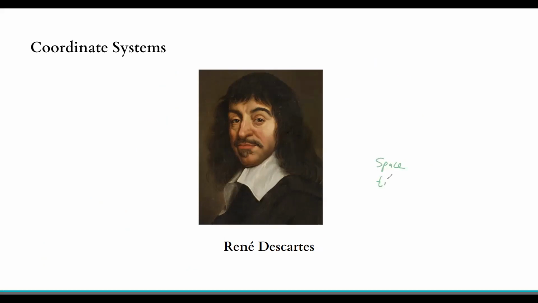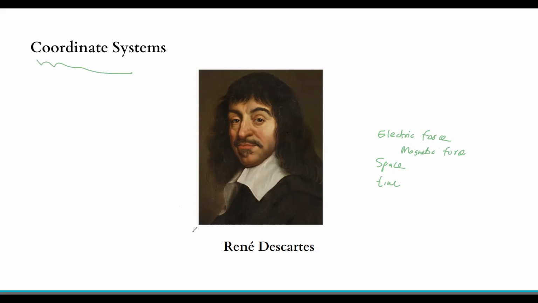With respect to space and time, we need to define the electric force and magnetic force, and therefore we need to discuss the different coordinate systems that are commonly used in electromagnetism.